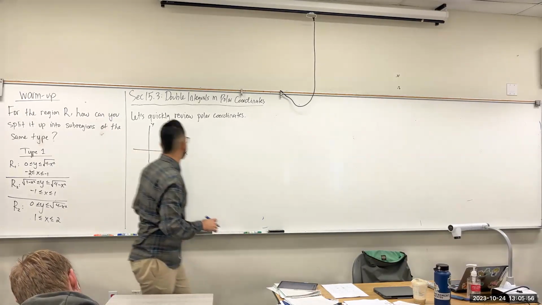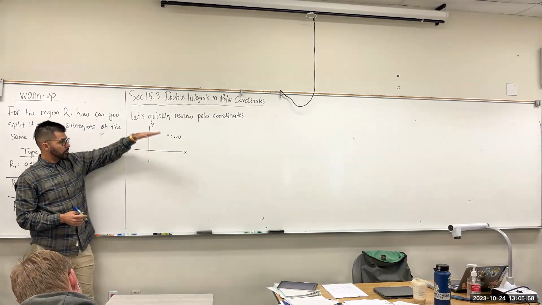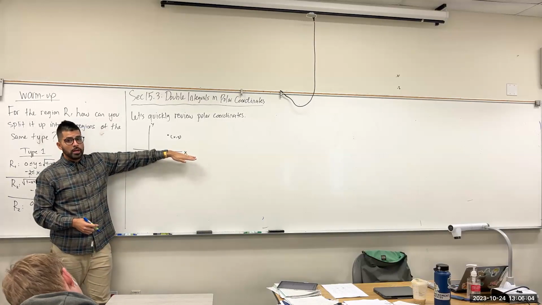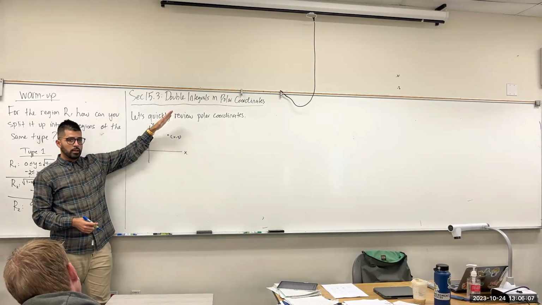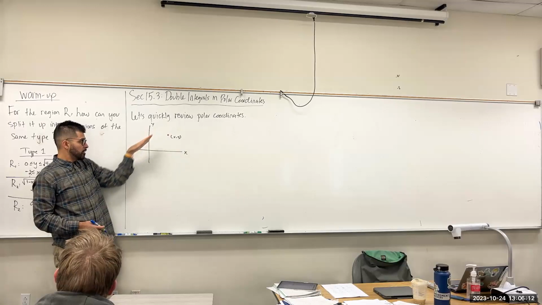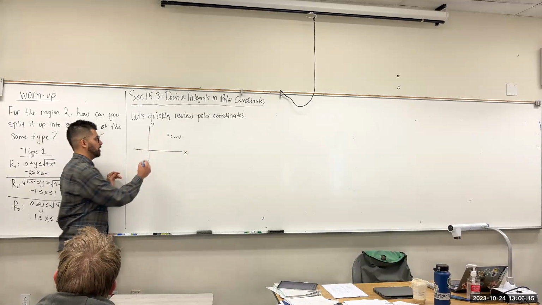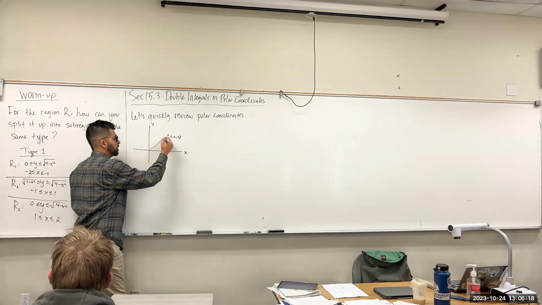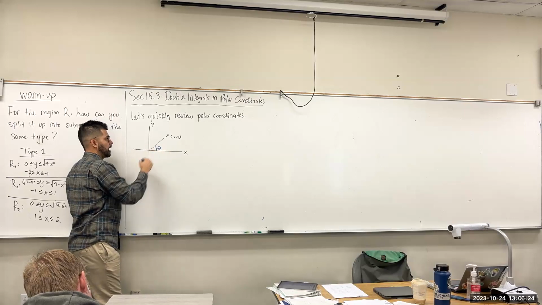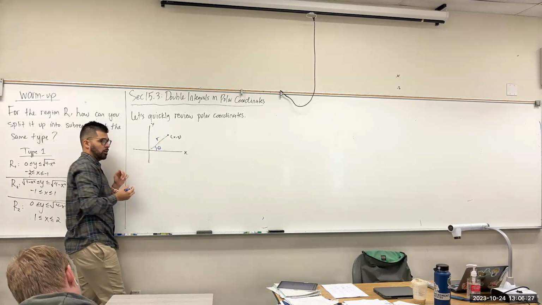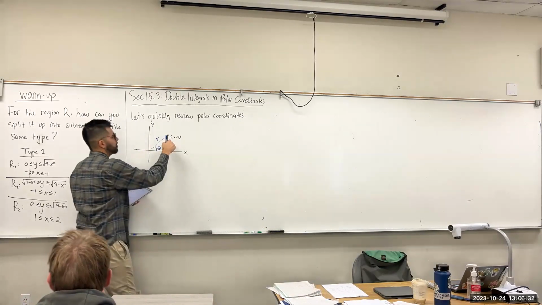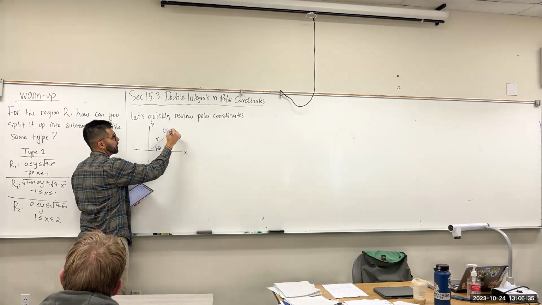But remember that for polar coordinates, the way you plotted a point was you always started at the positive x-axis, and then you had an imaginary radius that would rotate in the counterclockwise direction, so that the radius points towards that point. This was the angle theta of rotation, and the length of that radius we're going to call r. So now in polar coordinates, that point we call r comma theta.